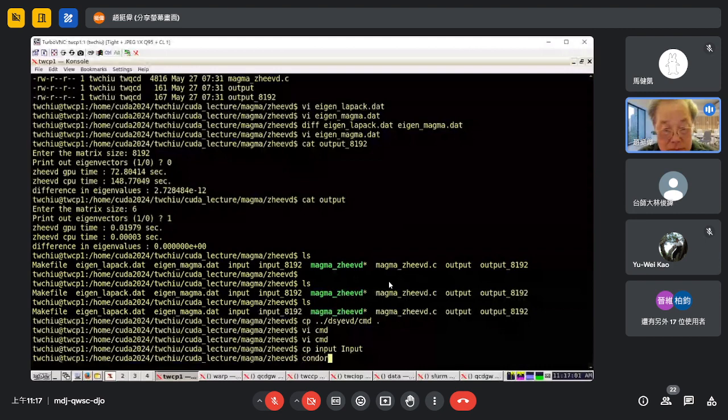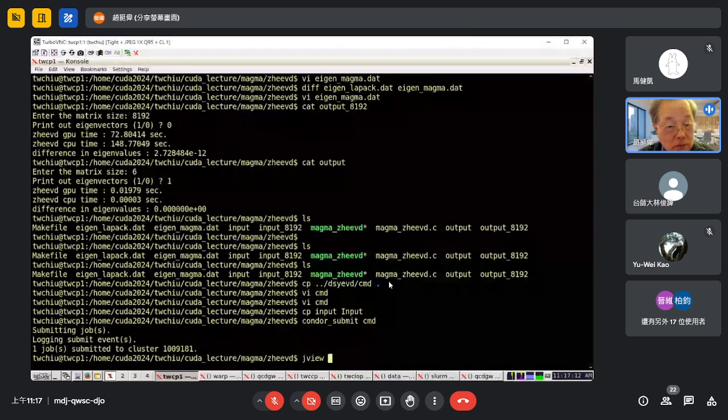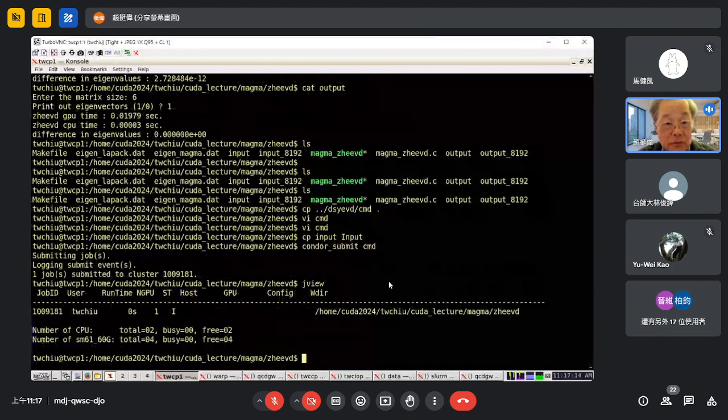So now it has been submitted. I'm not sure it works because the old library was there, but the old library cannot be compatible with this new version of CUDA.